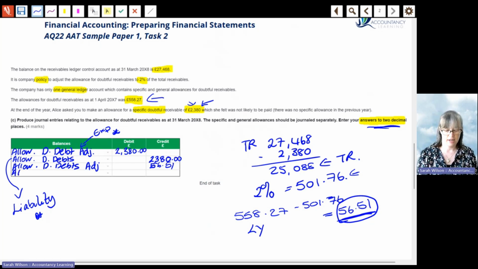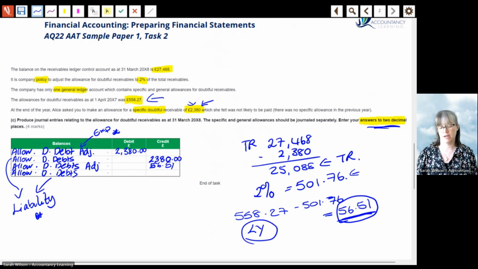And again, the next part is our allowance for doubtful debts, and this is our provision account. Remember, this is our liability. So again, we're reducing that liability from last year, which then means if we're reducing a liability, we're going to debit it. So that is the last part of the question.